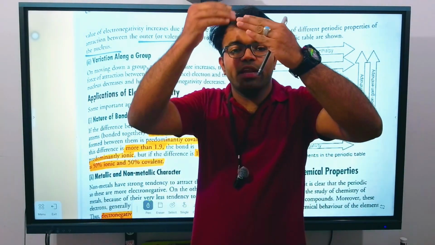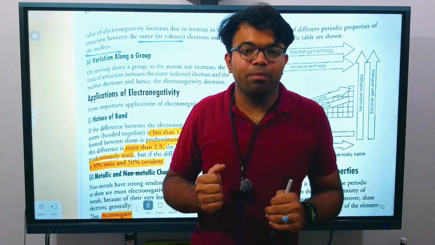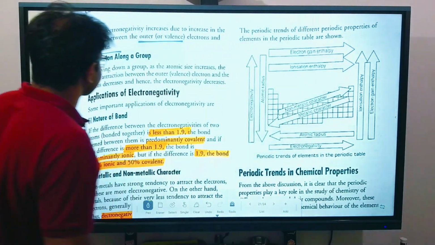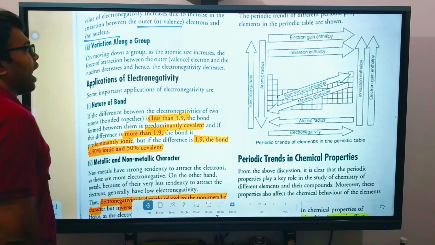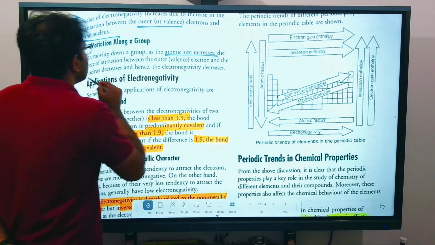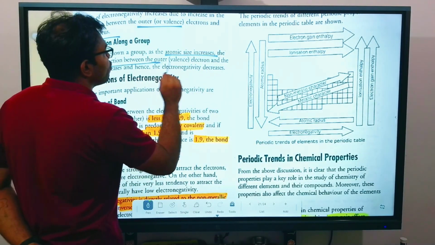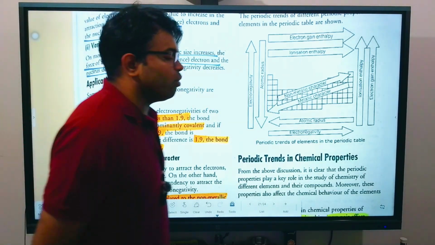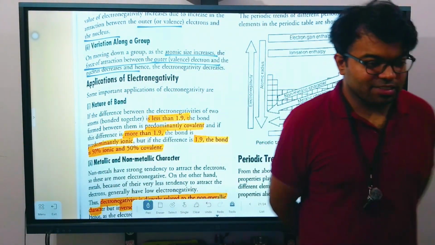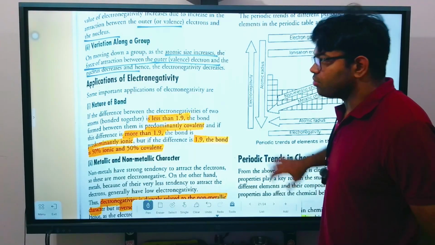Understood? This is how it varies across a group. Now, variation along a group. On moving down a group, as the atomic size increases, the force of attraction between the outer valence electrons and the nucleus decreases, and therefore the electronegativity decreases. That's what I just said.